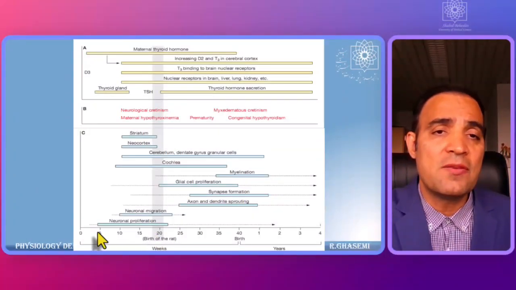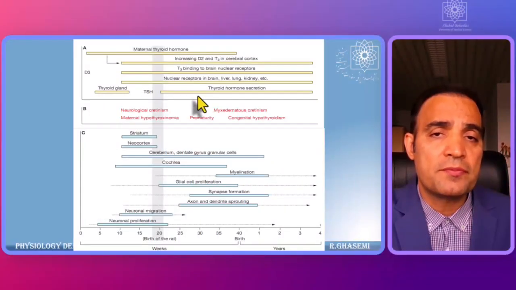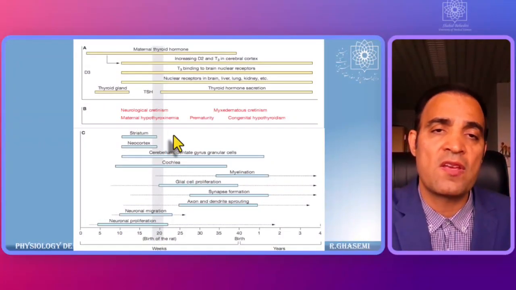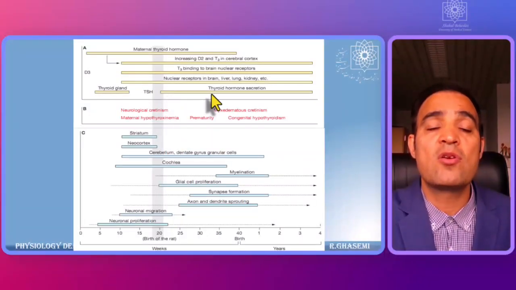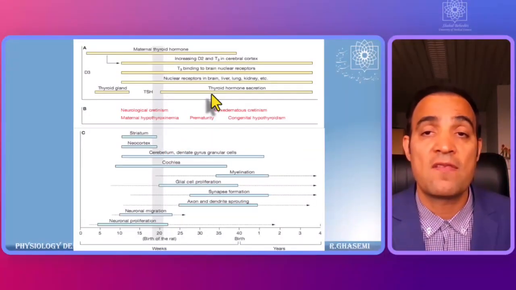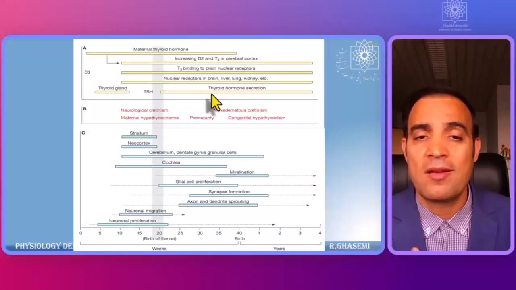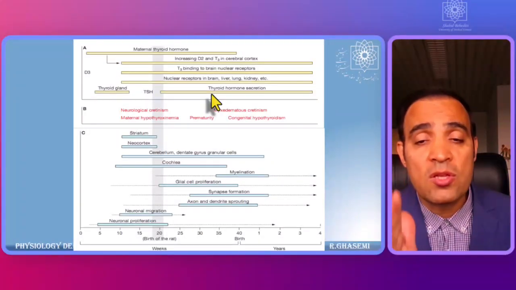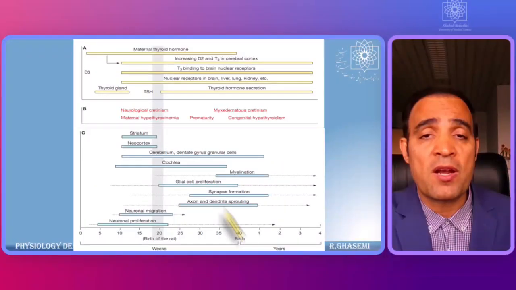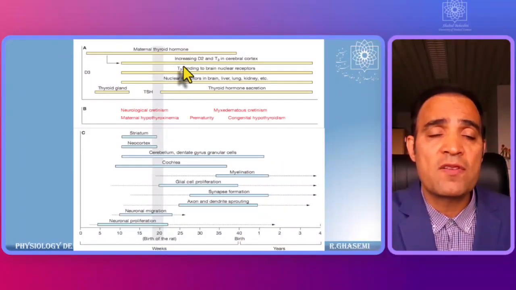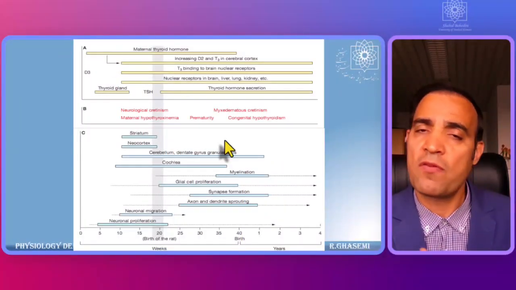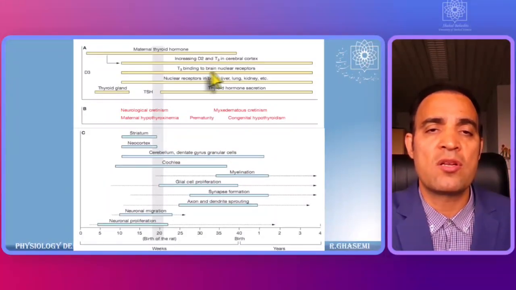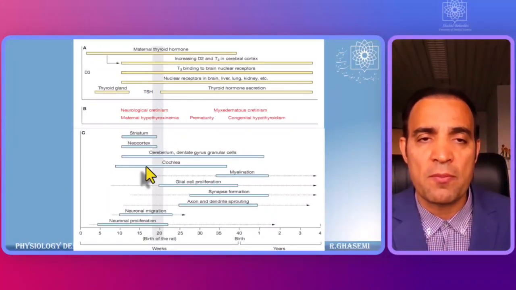And after the 20th week of gestation, thyroid hormone secretion starts from the baby. As I told you, up to the time of birth, the main source of thyroid hormone is the mother. Therefore, if the baby is not able to produce thyroid hormone, there will be no problem.